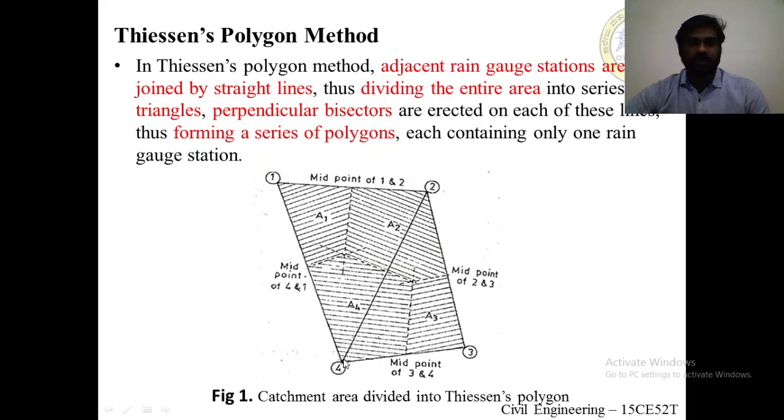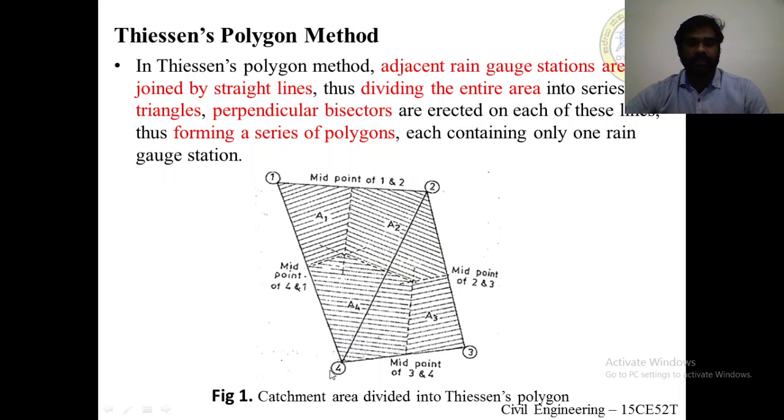And this rain gauge best represents this area. This area A1 is best represented by this rain gauge, and this area A2 is best represented by rain gauge station 2.